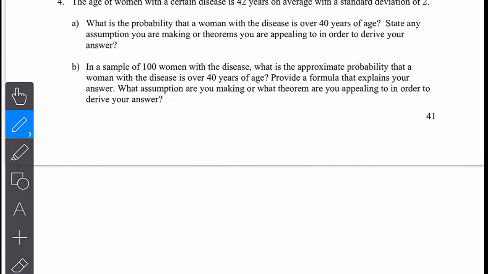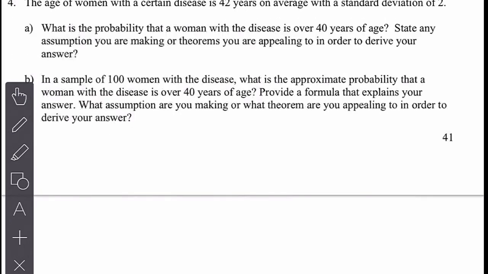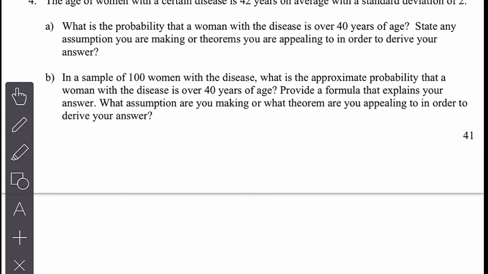Okay, I'm back. How did you do? Did you get anywhere with that? Okay, so what does it say? The age of women with a certain disease is 42 years on average with a standard deviation of 2.